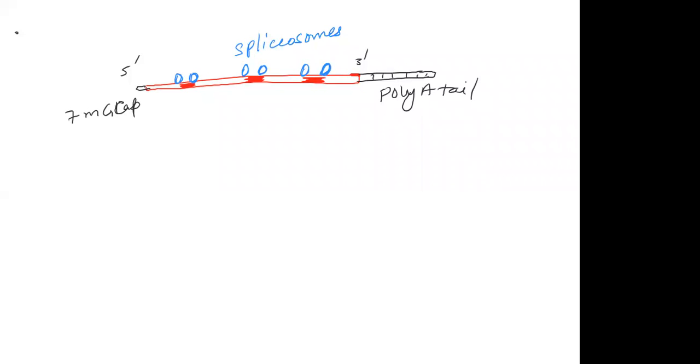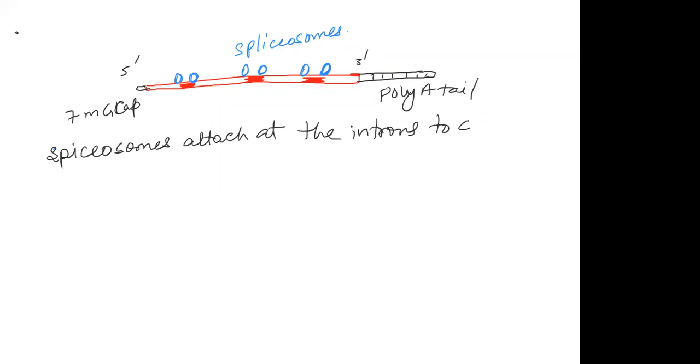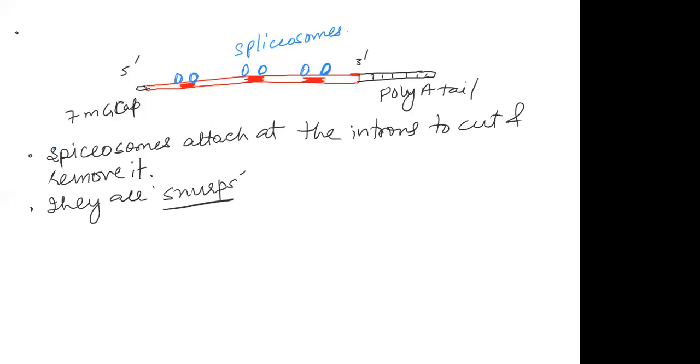And what are these spliceosomes? They are the snurps. Attach at the introns to cut and remove it. They are snurps. इनको हम pronounce करते हैं snurps. What is that?